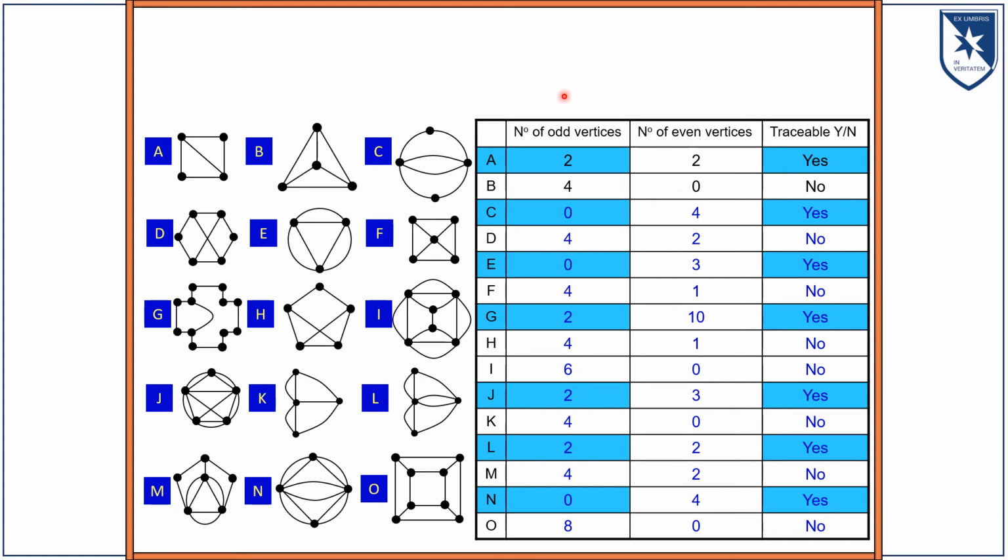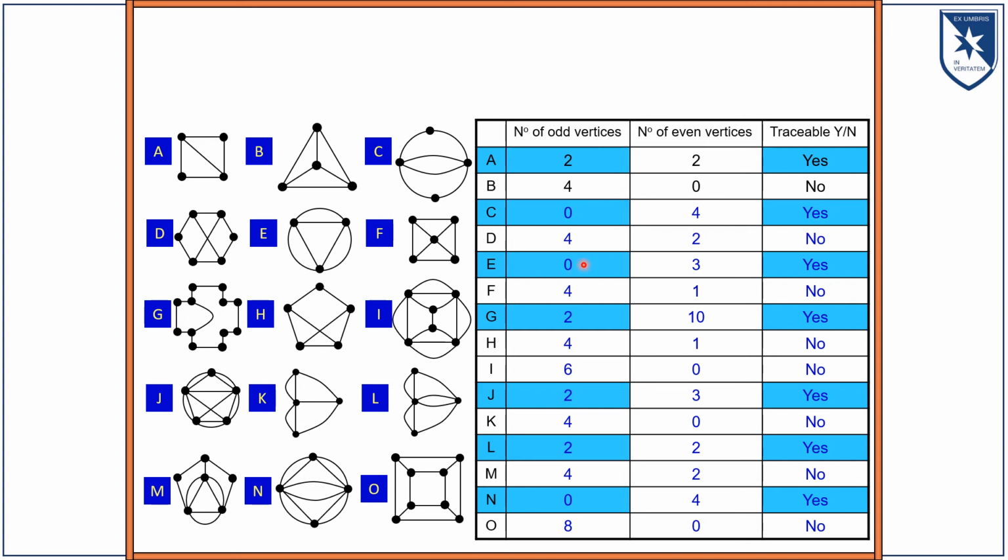So looking more at the number of odd vertices column, we can see that the numbers start to have some sort of meaning. We've got 2 odd vertices in the first diagram, and it's traceable. In diagram C, we've got 0 odd vertices, and it's also traceable.